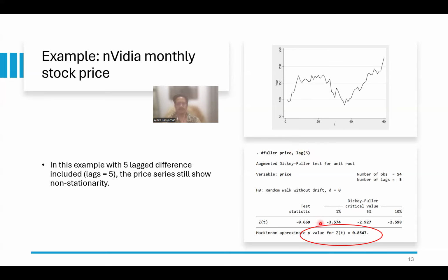And we look at the p-value again. The command looks like this: dfuller, the variable name, price, comma, lag, and then the number of lags you want to put. In this case, I want to put 5 lags. The result shows a p-value of 85% again, so it's still non-stationary.